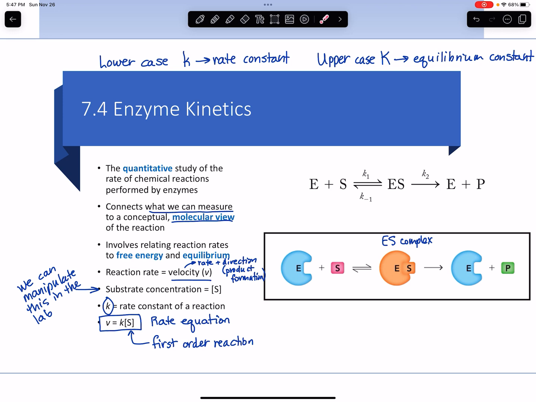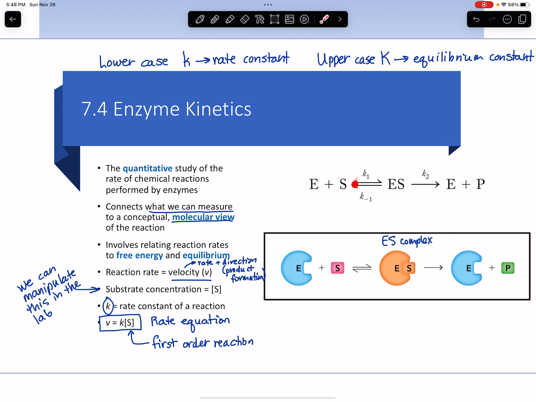We have the process of enzyme binding to substrate, and that is governed by non-covalent interactions. This is a reversible process. The substrate can diffuse out of the complex.